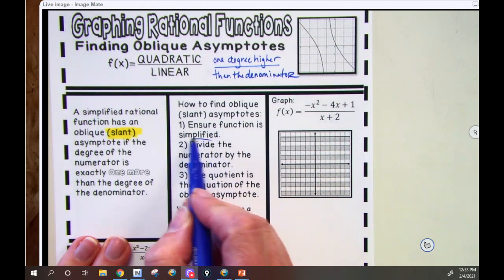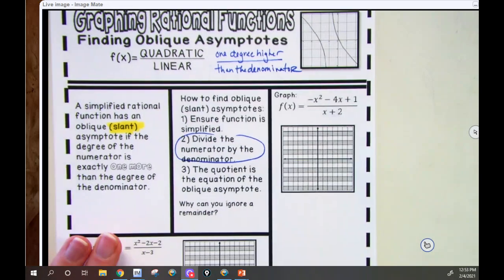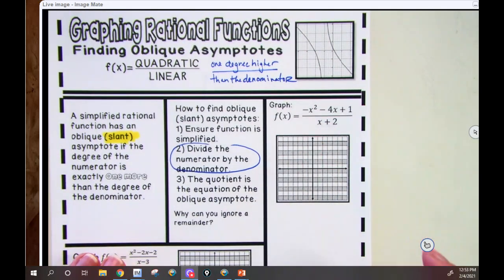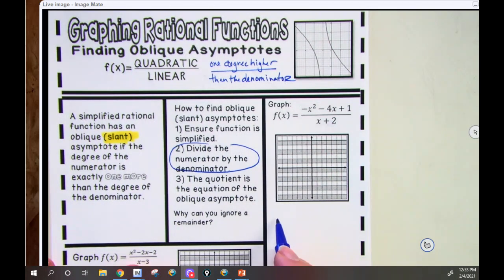We divide. Now, if you can use synthetic division, I use synthetic division. You might run into some today that you can't, but this one we can. So -2, -1, -4, and 1.